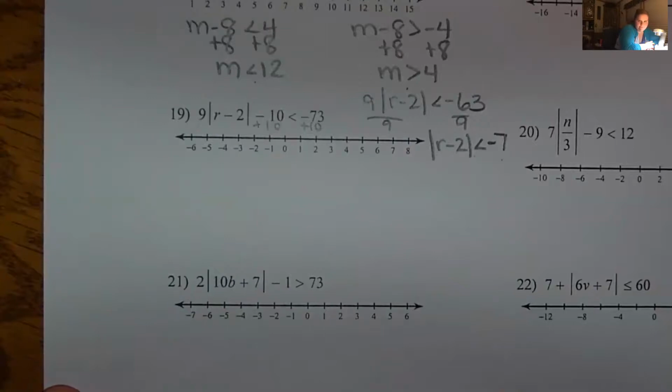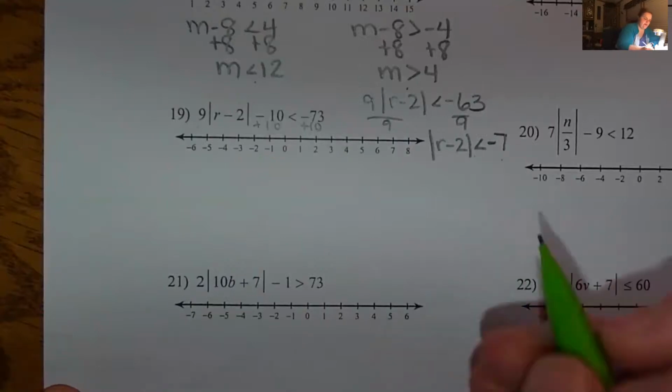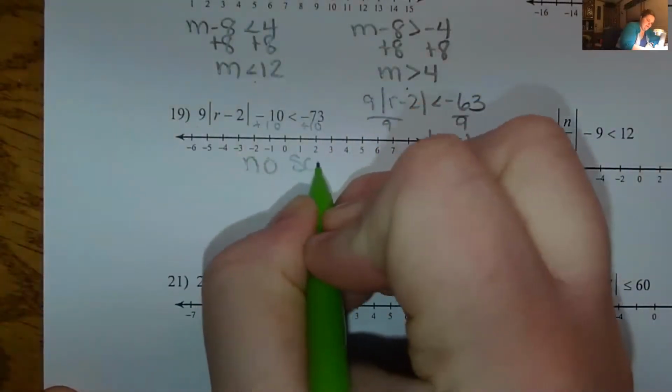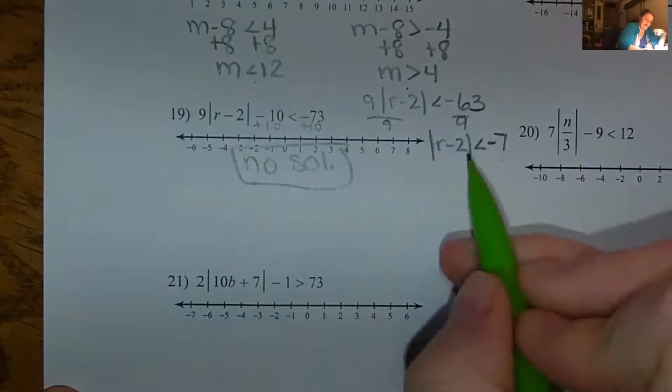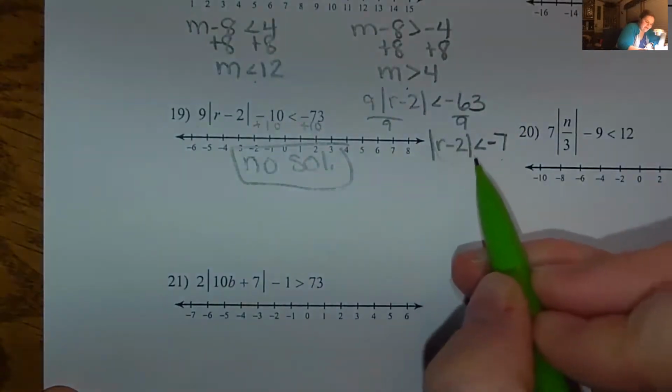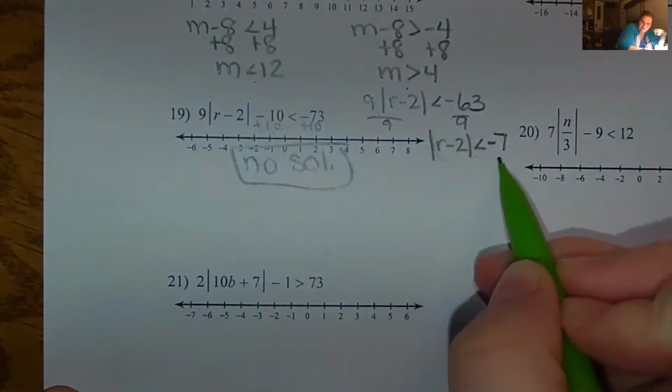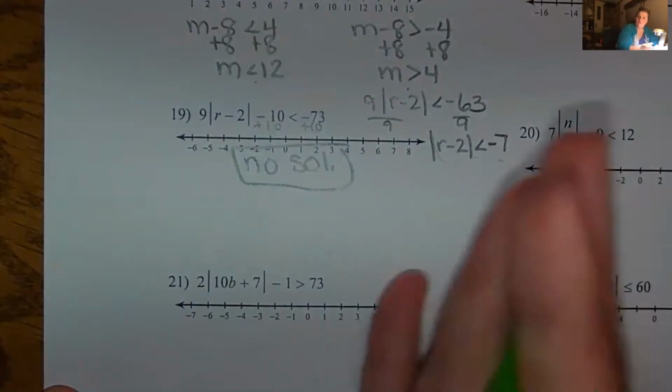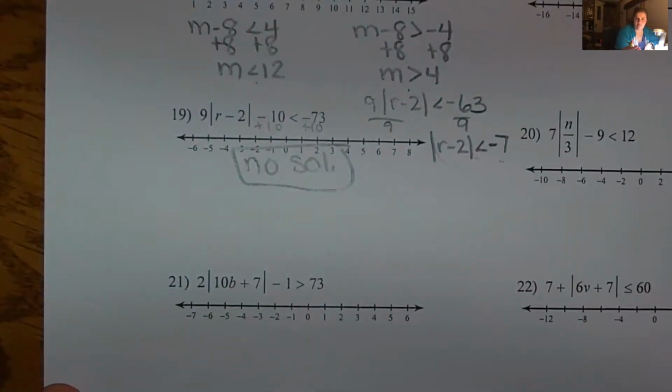No. Doesn't make sense. So this one is no solution. An absolute value, a distance could never be less than a negative number. That doesn't make sense. It could be a 0 or any number higher than that. Okay? So no solution for that one.